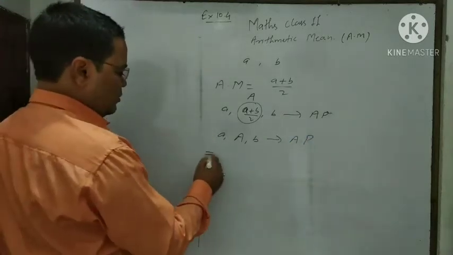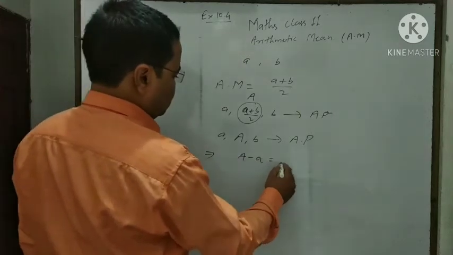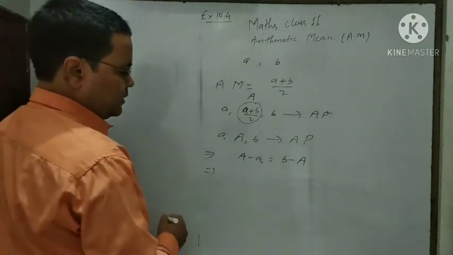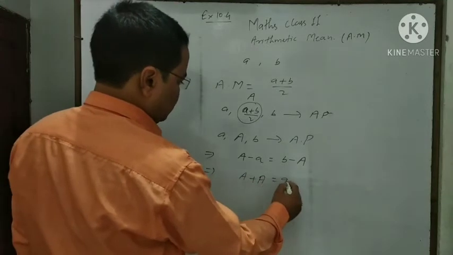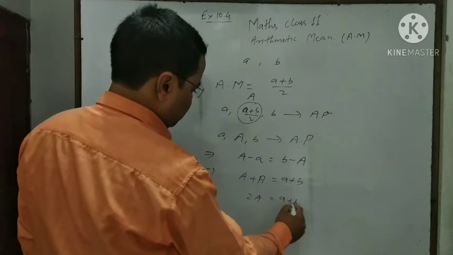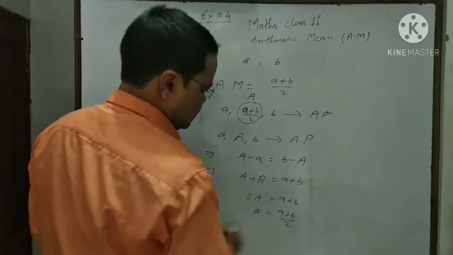By this property, we can write capital A minus small a is equal to b minus capital A. So capital A plus capital A is equal to a plus b, here 2A is equal to a plus b, and A is equal to (a plus b) by 2.